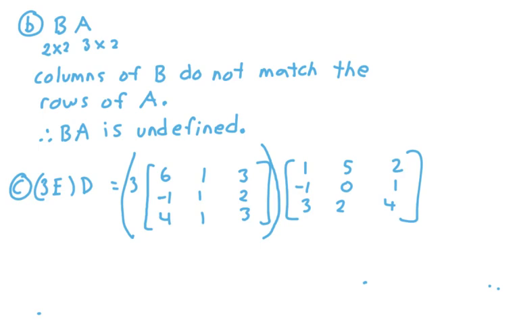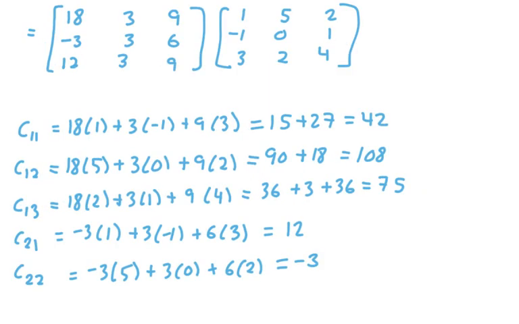Now when I do 3E, that means I'm going to take every entry of E and triple it. And so over here, we get the matrix 18, 3, 9, negative 3, 3, 6, 12, 3, 9, times the matrix 1, 5, 2, negative 1, 0, 1, 3, 2, 4.